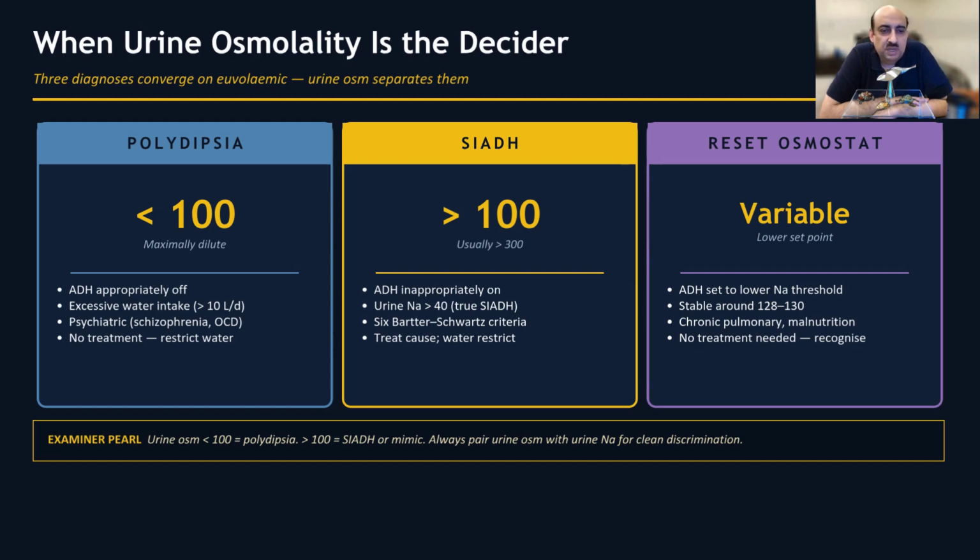People with COPD, chronic pulmonary disease, malnutrition, advancing age, dementia usually don't require treatment, but it needs recognition and proper monitoring and close follow-up unless there is an acute trigger dropping it further. So refer to our part 1 video in which I have discussed this reset osmostat in a little bit more detail. One of the key things is to always read the urine osmolality with urinary sodium and the patient's presentation in conjunction to make the final diagnosis.